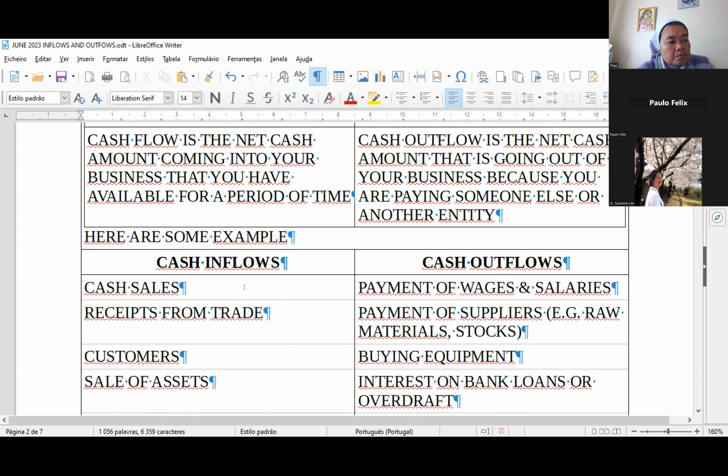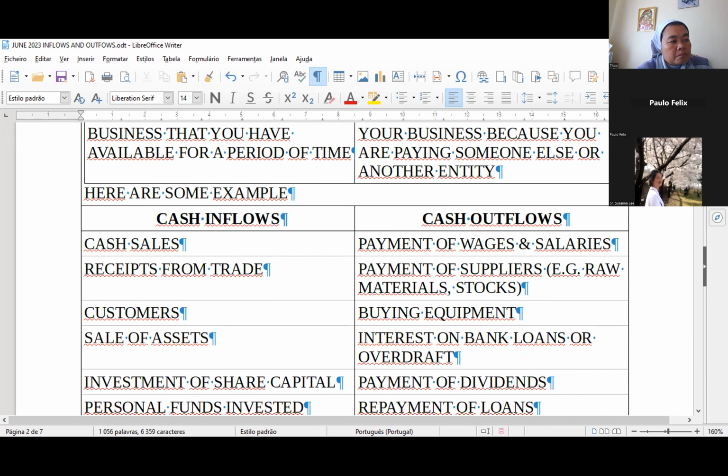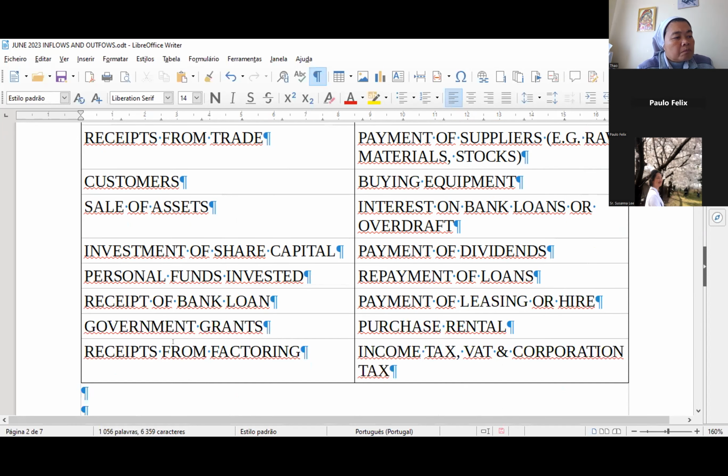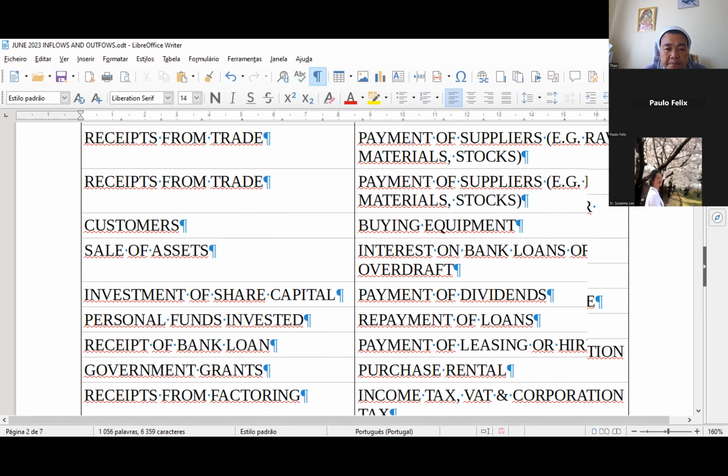Here are some examples of cash inflows: cash sales, receipts from trade customers, sale of assets, investment or share capital, personal funds invested, receipt of bank loan, government grants, receipt from factoring.